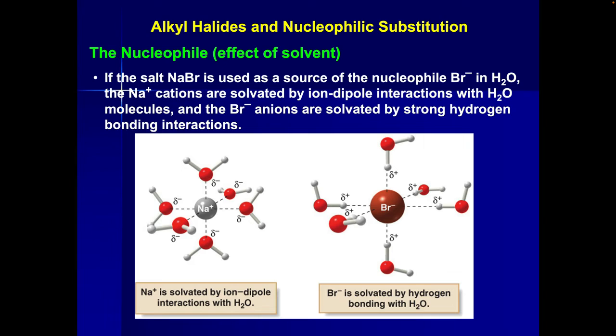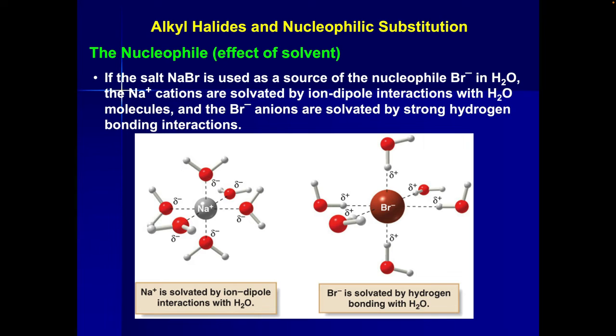okay, this is what water does to sodium bromide. This is why salts dissolve in water, is because of these interactions between the solvent and the components of the salt. And so sodium, of course, has a positive charge. So the oxygen atoms of the water are surrounding themselves around the sodium, and you're getting these so-called coordination bonds.